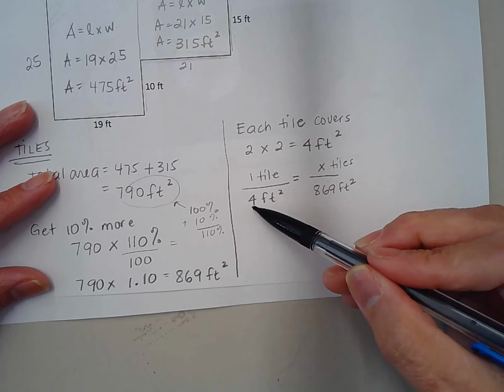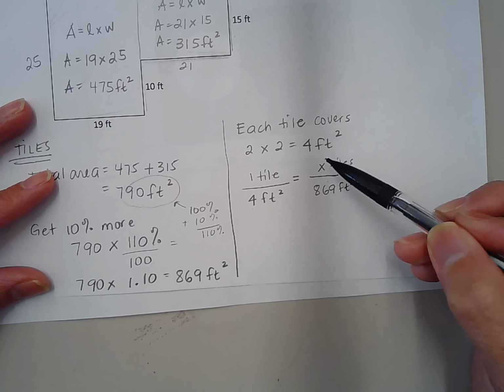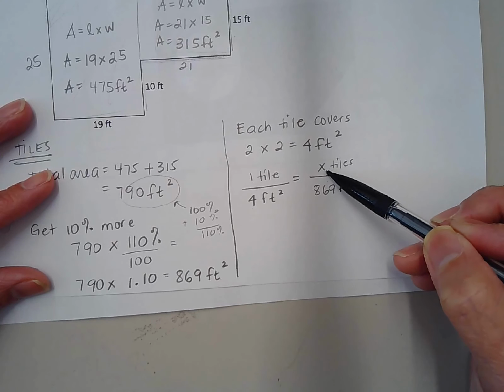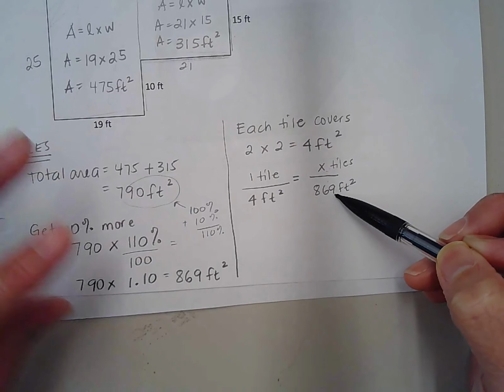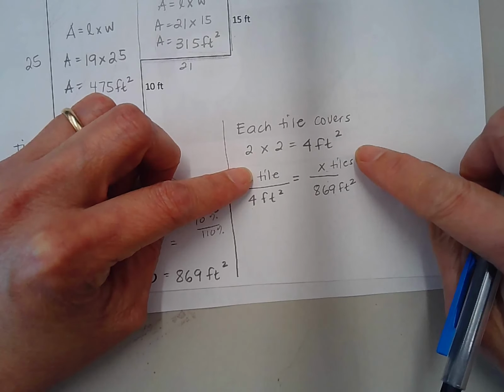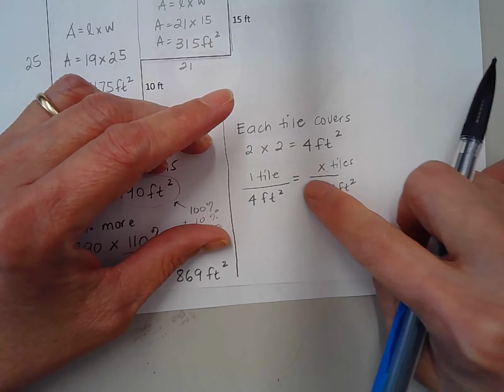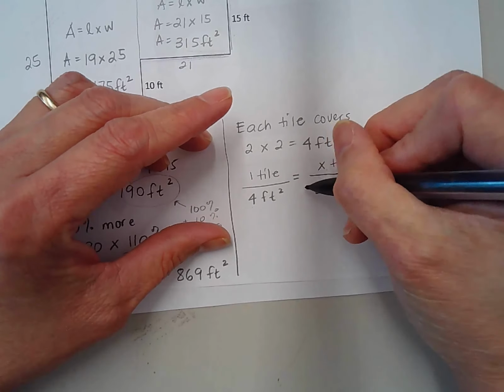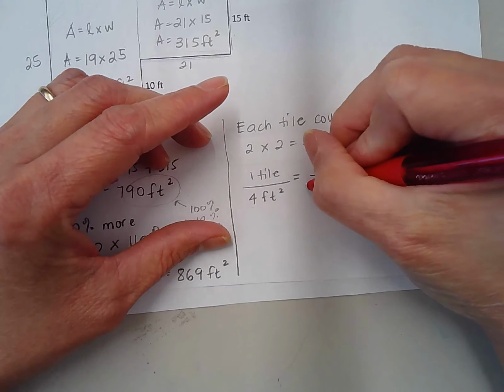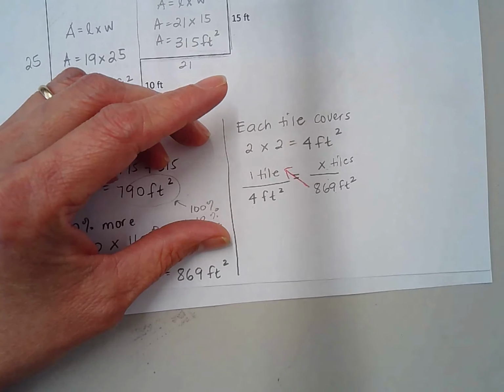One tile can cover 4 square feet. Then how many tiles do I need to cover 869? Can you see tile in the numerator, square feet in the denominator? So we're going to cross multiply to solve for x.